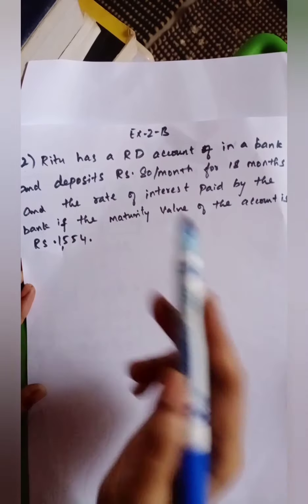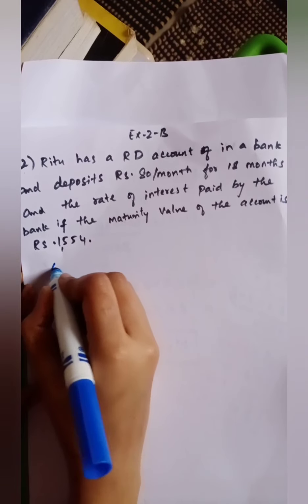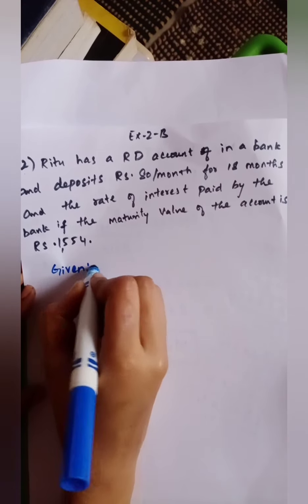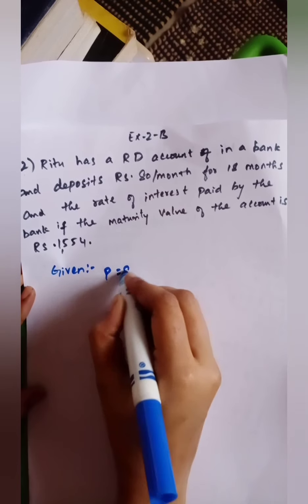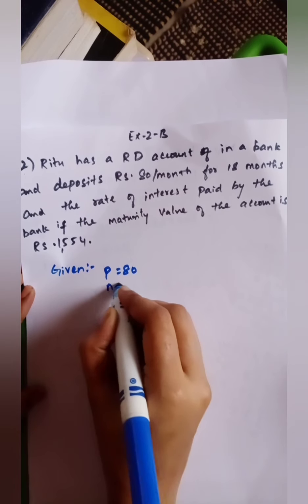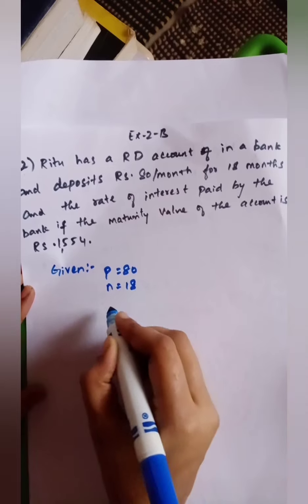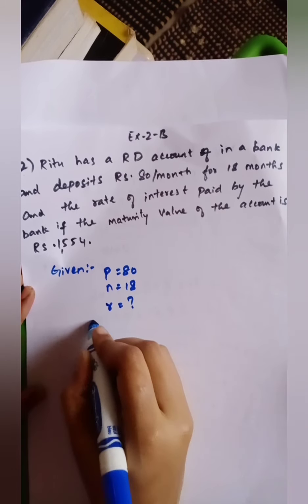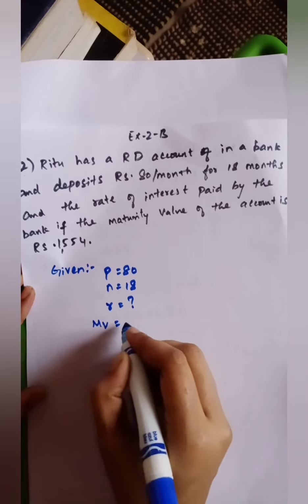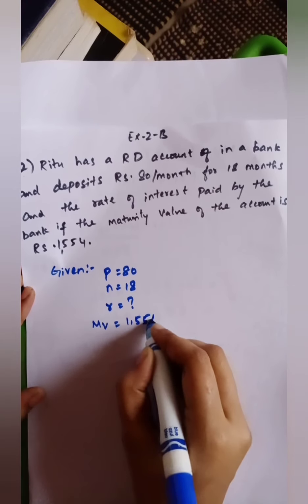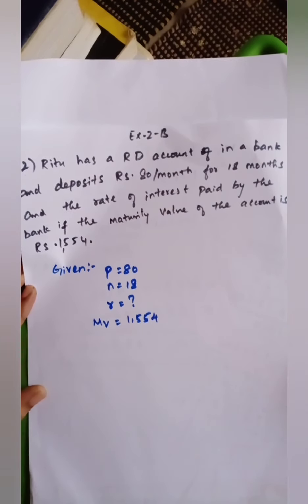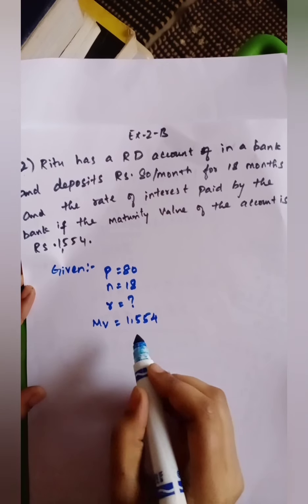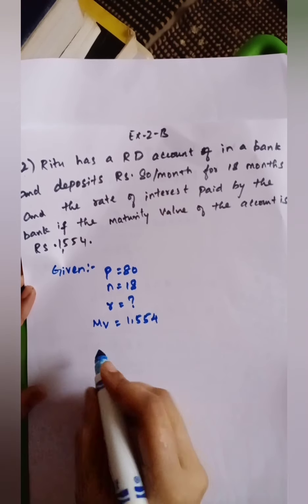Exercise 2b, second sum. Given P equal to 80, N equal to 18 months. Only the rate of interest we have to find, and the maturity value is given, that is 1554. Now we will go with the interest formula.